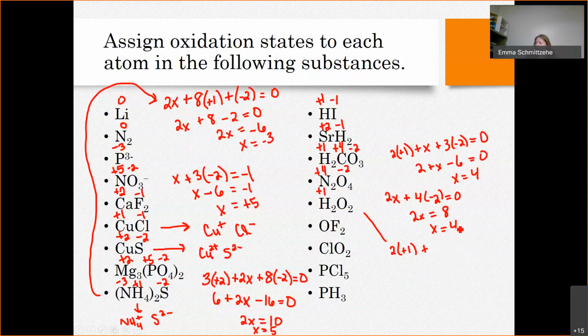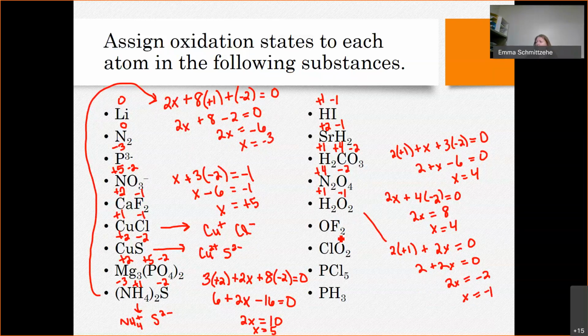So 2 plus 2x equals 0. 2x would equal -2, so x needs to be -1 in this case, okay? So this is one of the oddballs, and that's because this is a peroxide, okay?